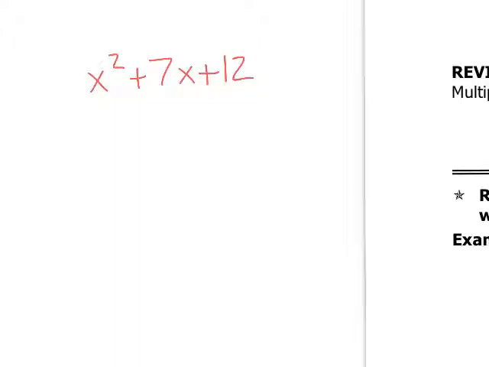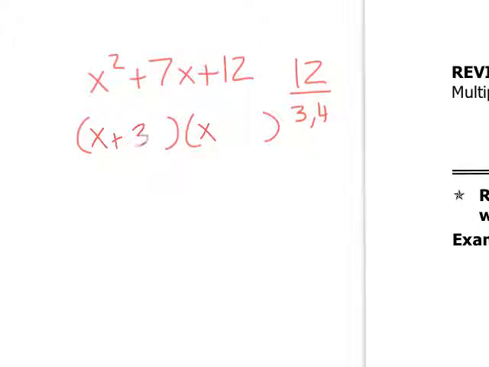So I simply find the factors that multiply to 12 and add to 7, which would be 3 and 4. And as I'm creating my parentheses, I've said several times this x squared is where the x and x come from, right? So we have x and x, and then our two factors would be plus 3 and plus 4.